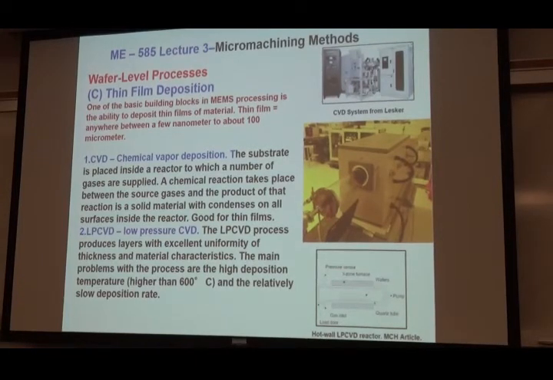For example, this is an industry scale system from a company called Lesker. These are huge CVD systems, but we also have a CVD system in our clean room. It's this size, probably what? 18, 20, well, about 36 inches tall.